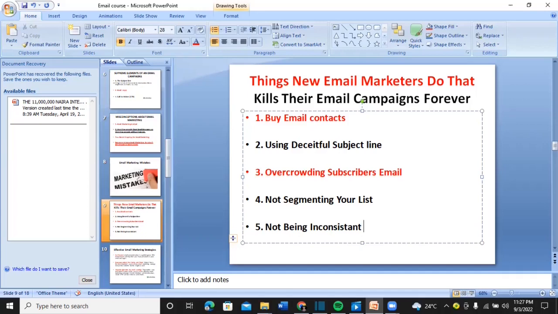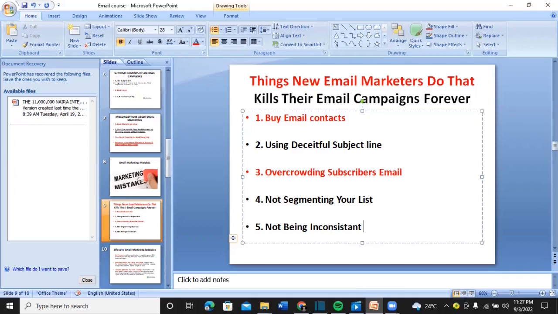Number three, not segmenting your list. Now, when it comes to email marketing, you have to segment your list. Imagine you have 5 products. One costs 5K, or about $15.